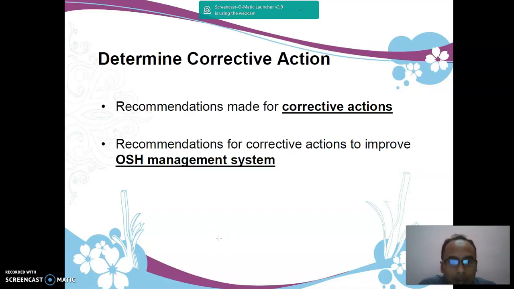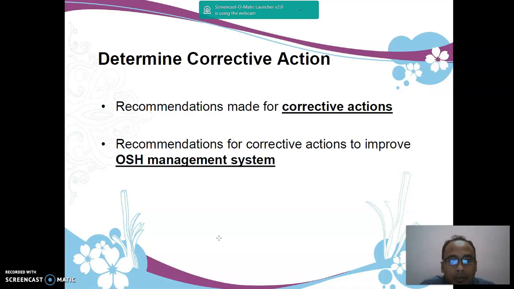And after you have found the root causes, you have to determine the best corrective action to make sure that similar accidents cannot occur again in the future.